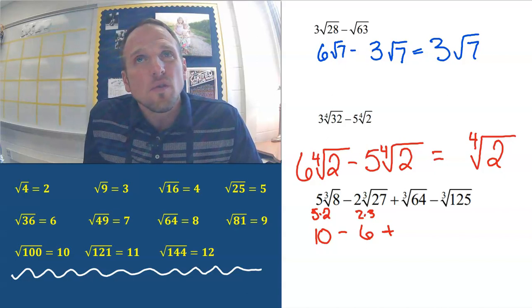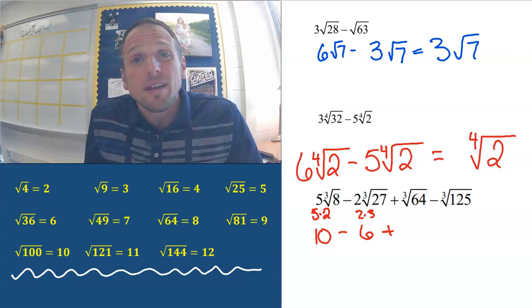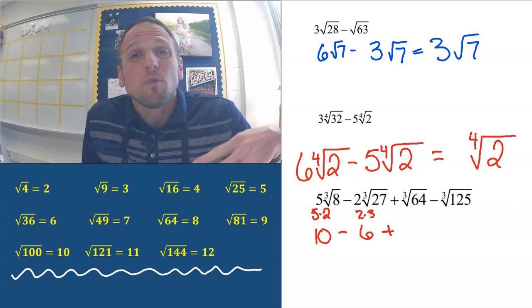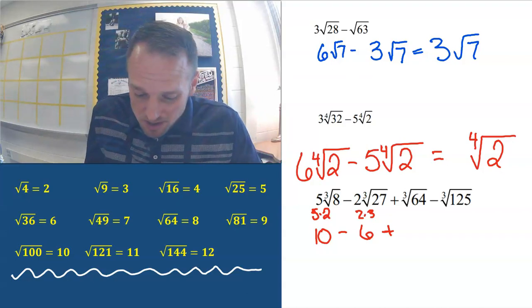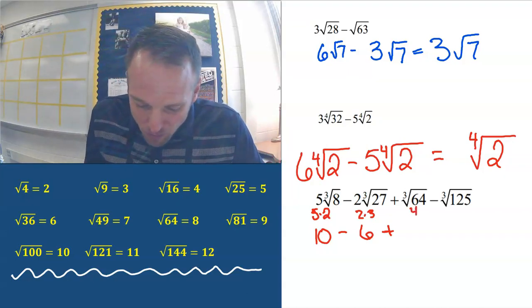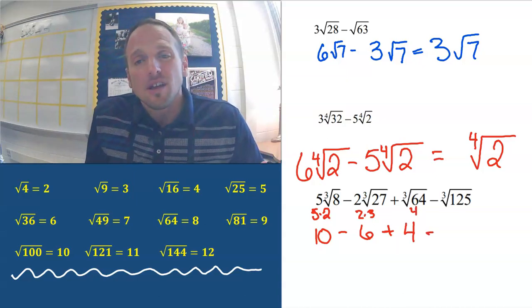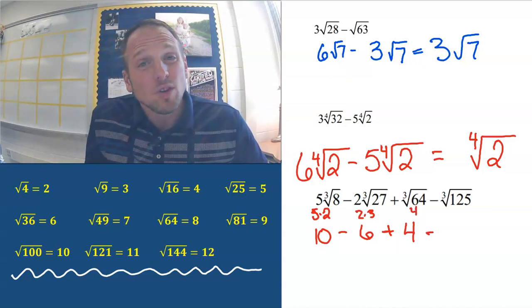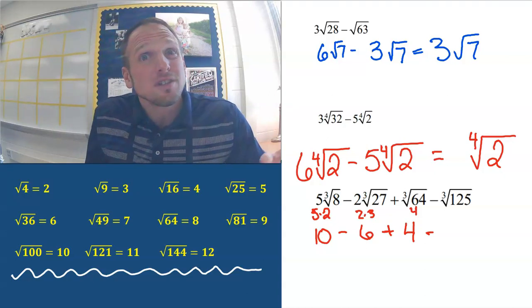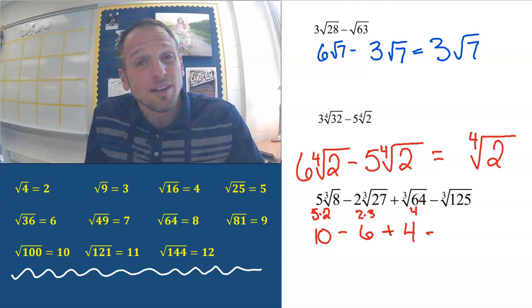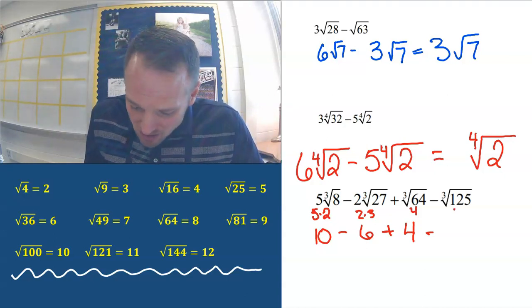Oh, this is fantastic. I wonder if they're all going to be like that. Third root of 64. Great. Third root of 64 is just 4. 4 times 4 times 4 is 64. So this is just plain old 4. So we've got plus 4. Then what's this? The third root of 125, do you know what that is? Something times something again is 125? 5. That's just 5.